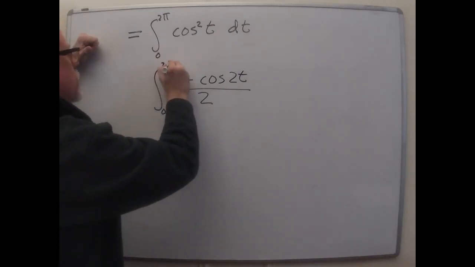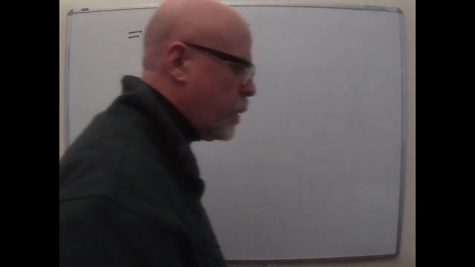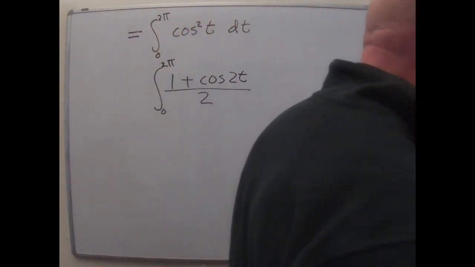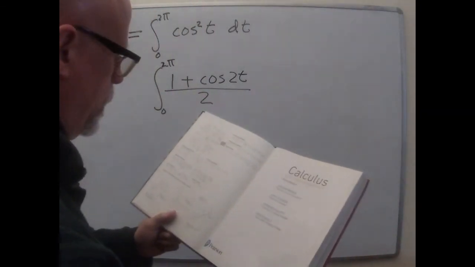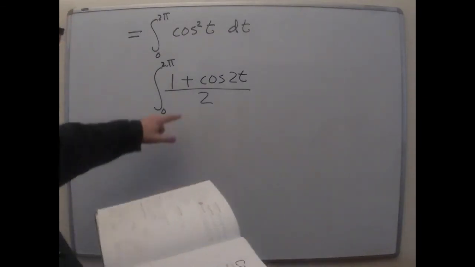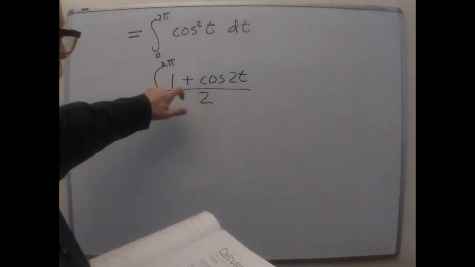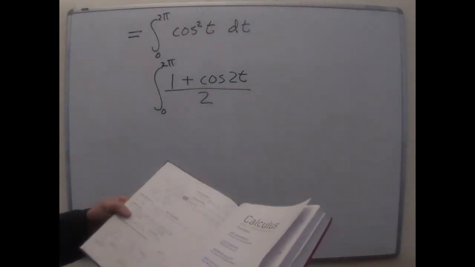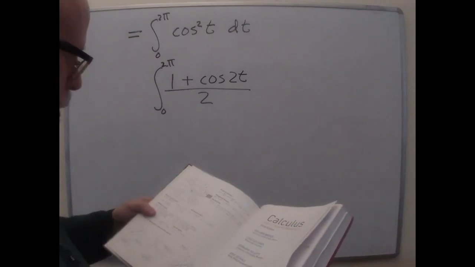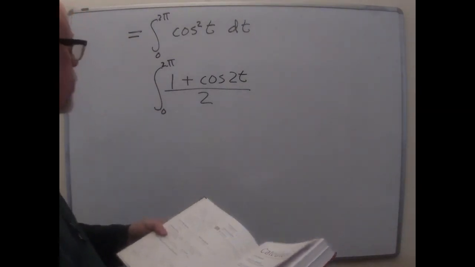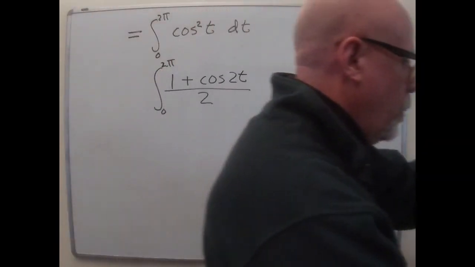I'm hoping I've remembered that right. I just popped open the book. There's always a question in my mind whether it's a plus or a minus here. But you can always find the half angle formula right inside the front cover. 1 plus cos 2 theta over 2. I did it right.